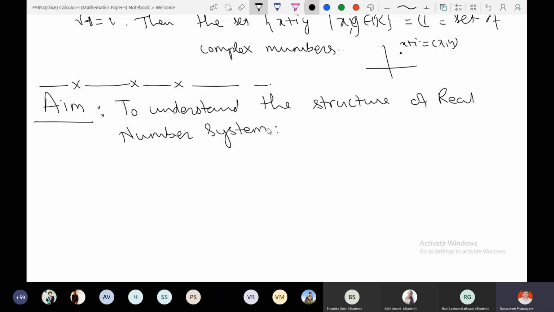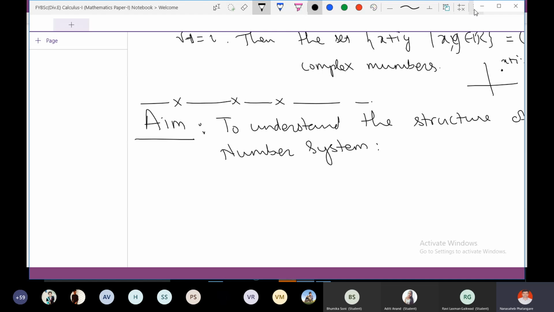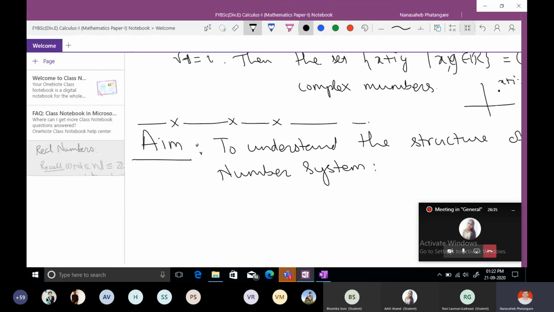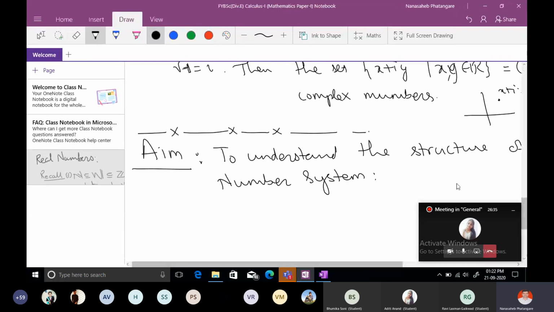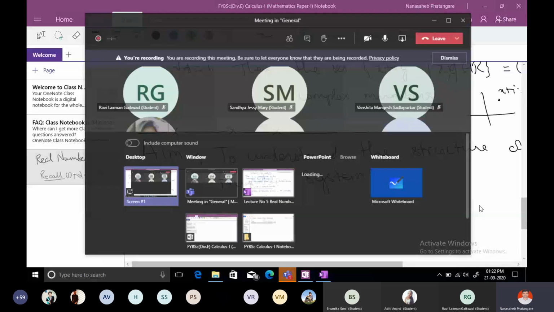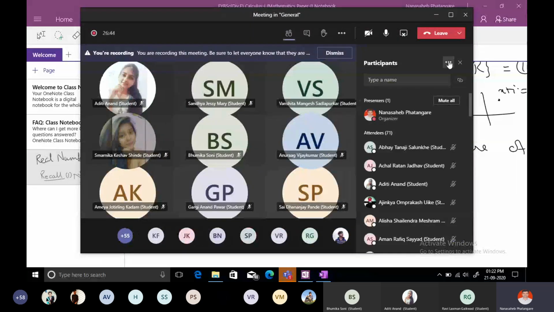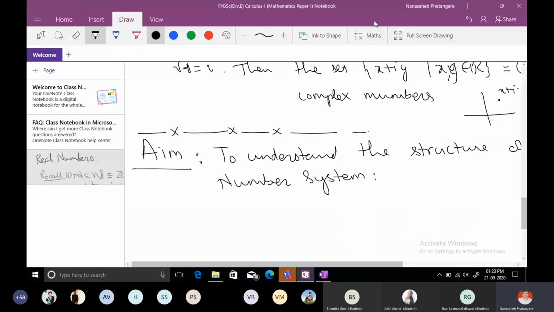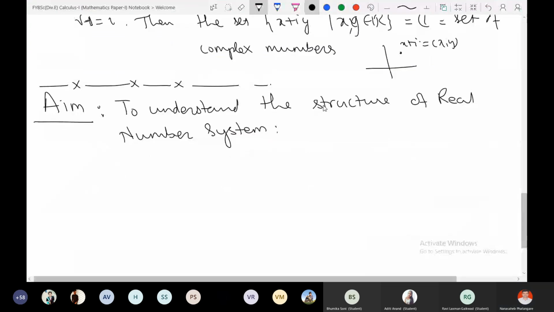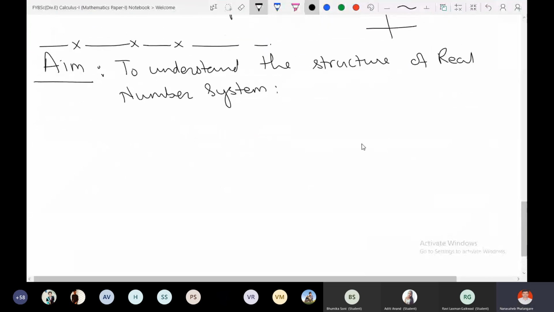This is our ultimate aim: what exactly these real numbers are. You are already using real numbers since school, but you did not bother about what this structure is. Now, after you studied lots of things about real numbers, you are bothering about what that basic structure is. So we want to understand the structure of real numbers.